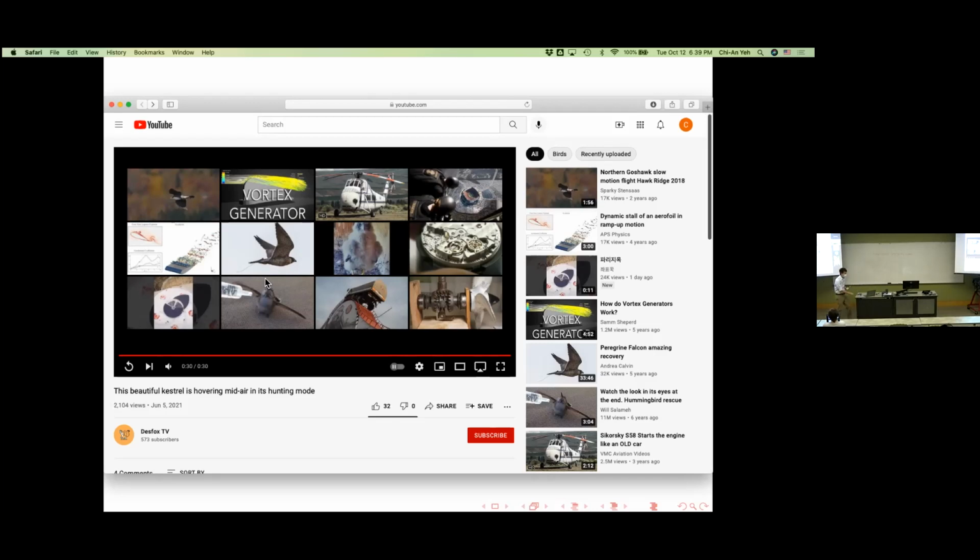And how does it know when and where a gust is going to come from? It has sensors all over its wing. So it manages to use a minimal amount of sensing to know when and where the gust is coming from. Sensing and actuation are the two most important components when it comes to control.